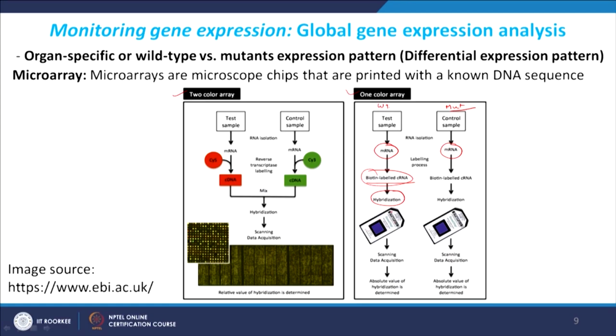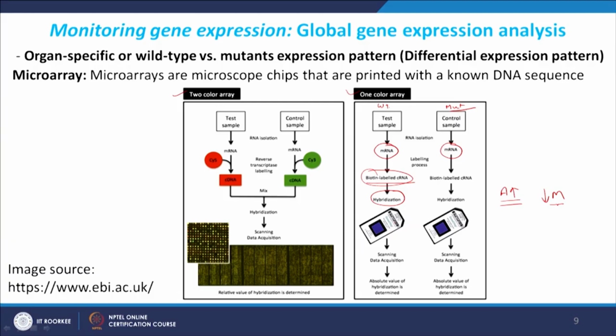Now, these chips contain global genes, all the genes represented in an equal amount. Let us assume there is a gene A which is more abundant in wild type but is down regulated in the mutant.